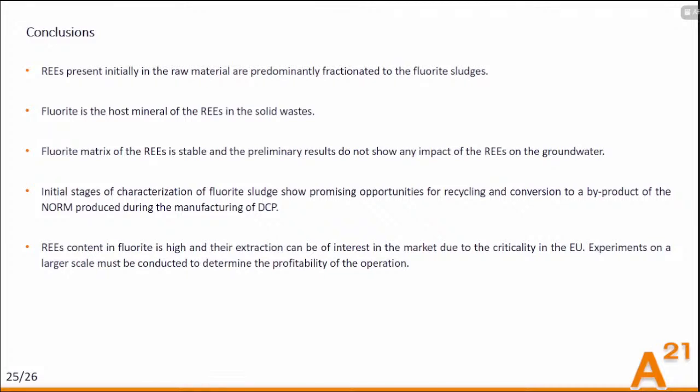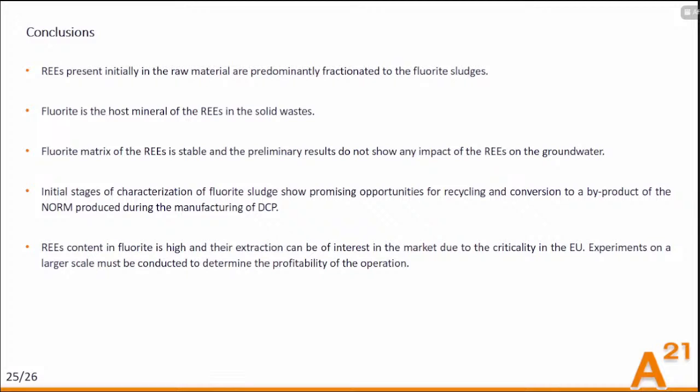And if it comes to the extraction, well, the initial stages of characterization showed we have some nice opportunities for the recycling, to convert it to a byproduct and diminish the amount of residues, while increasing the amount of rare earth elements which are available to use in Europe.